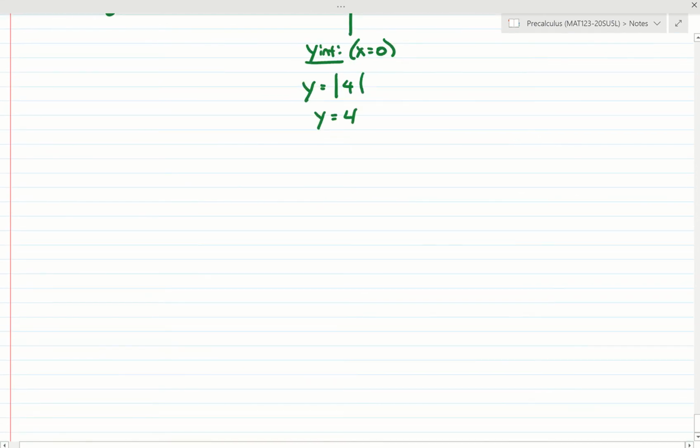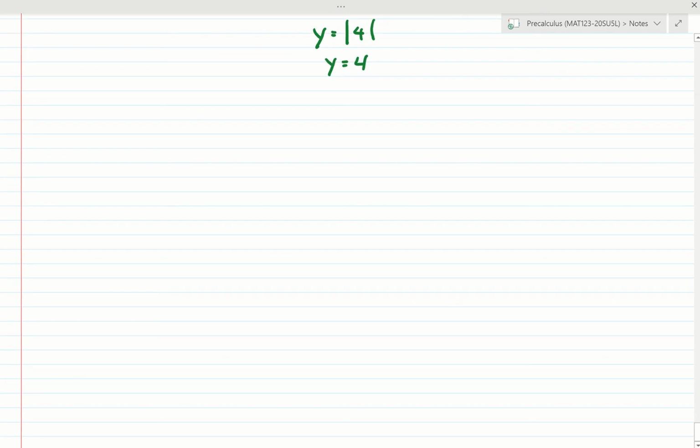What I wanted to do to finish up today is talk about symmetry. Now, what you need to know for this class, there's all different types of symmetry. What you need to know for this class is what's called an even function and what's called an odd function.